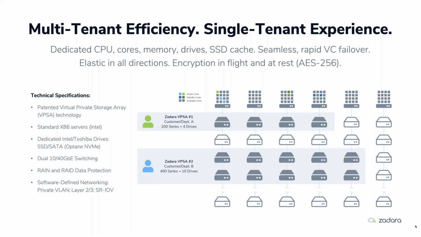And I think it does a great job of showing what is different and what is so powerful about this architecture. What you're looking at is an example of a Zadara storage cloud. It's a set of physical infrastructure that runs our patented software. If you look vertically, each column is what we call a storage node.